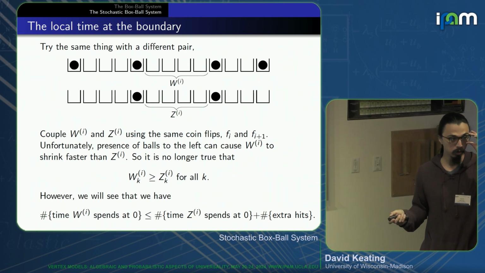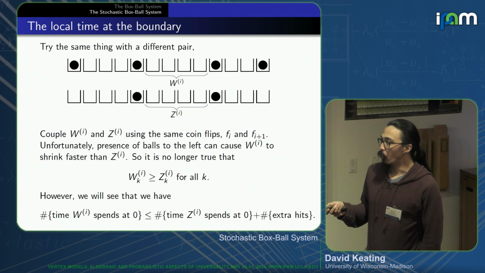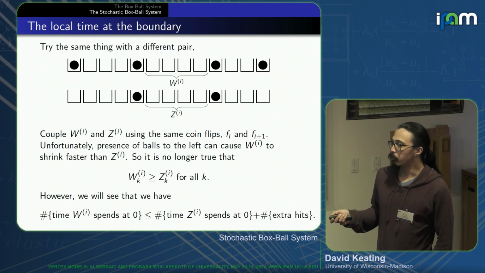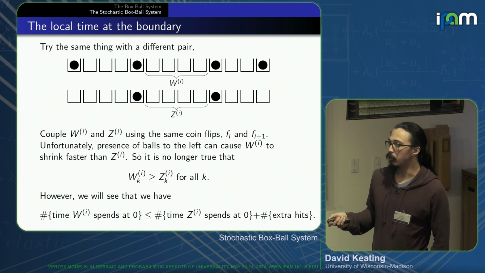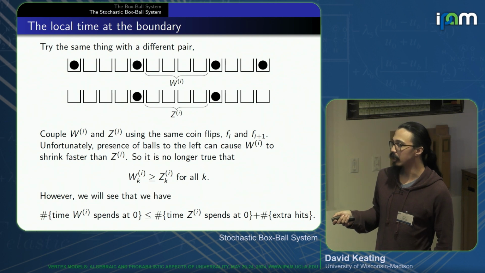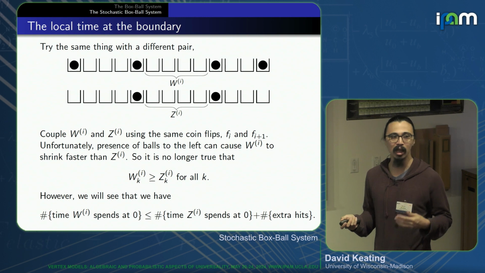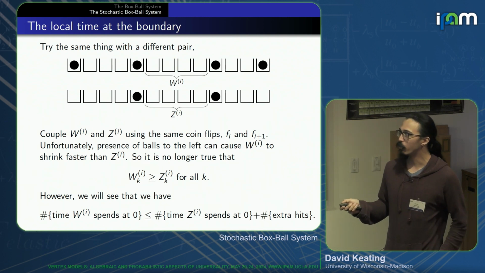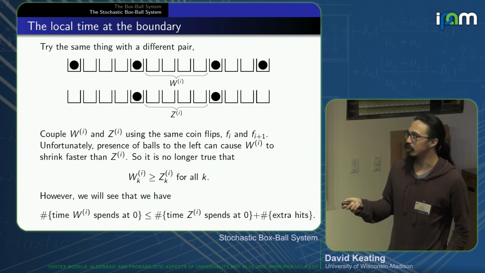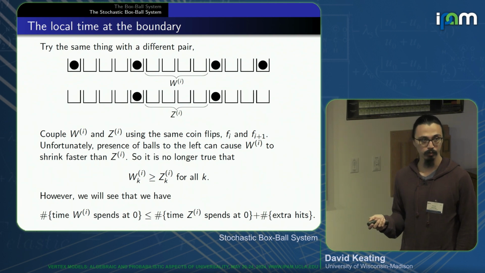Now that won't always be true. But what will be true is I can upper bound the time Wi spends at 0 by the time Zi spends at 0 plus some extra hits. So I need to control how many extra hits I get from the balls on the left causing this distance to shrink faster.